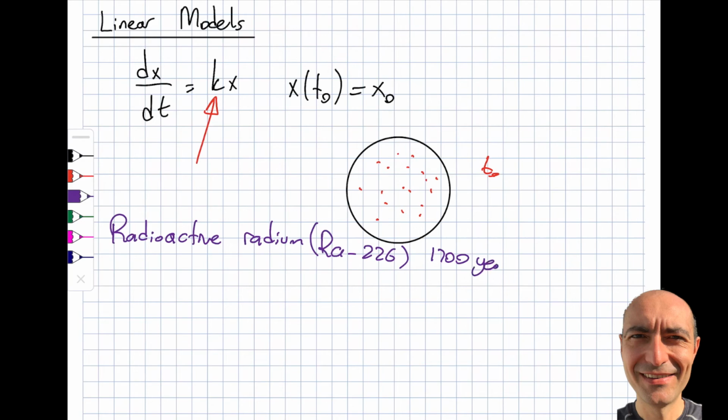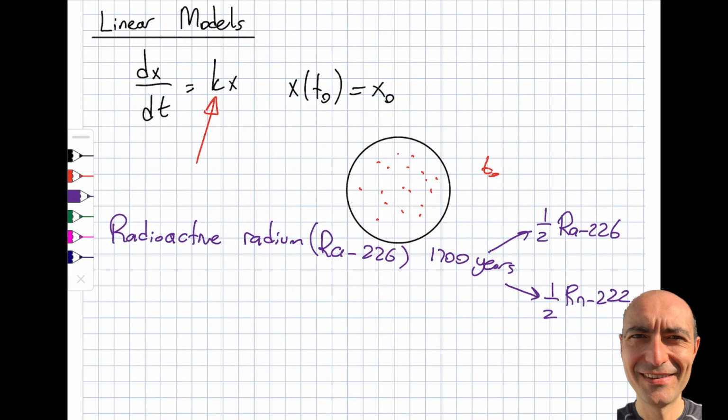Let's say I start with a particular amount. Half of it will remain after 1700 years, but the other half will be converted to radon, which is radioactive as well.